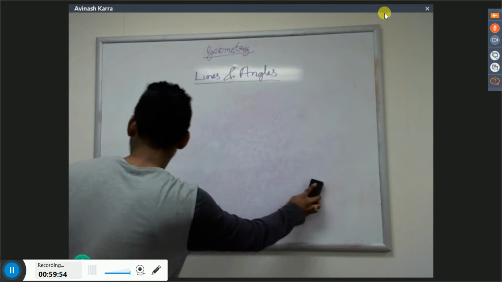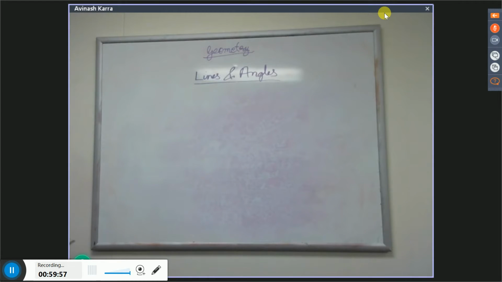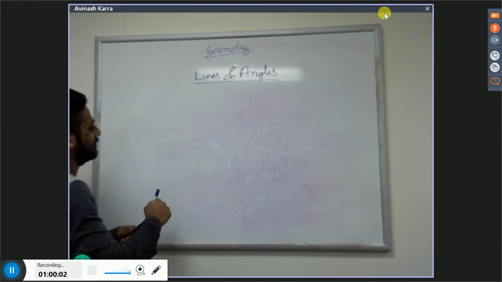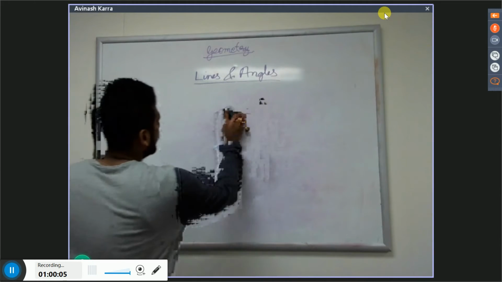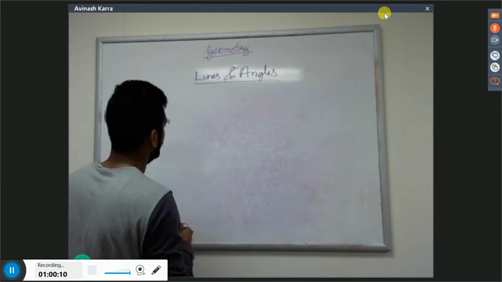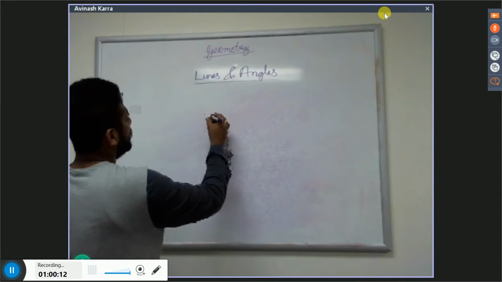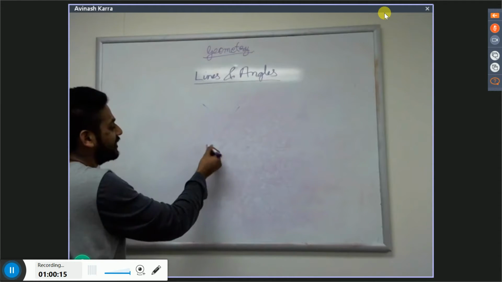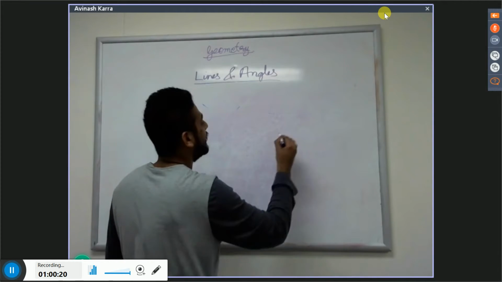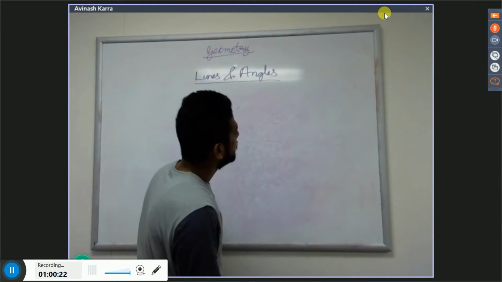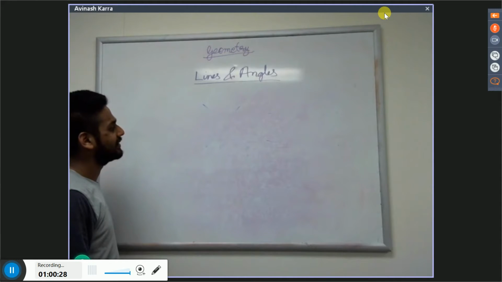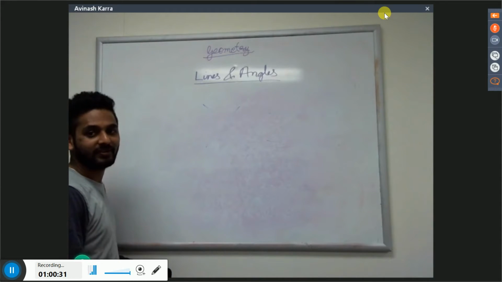Till now, we have dealt with non-parallel lines. Now, we are going to deal with parallel lines. Is it clear? I think you can see nothing, right? We can't see.